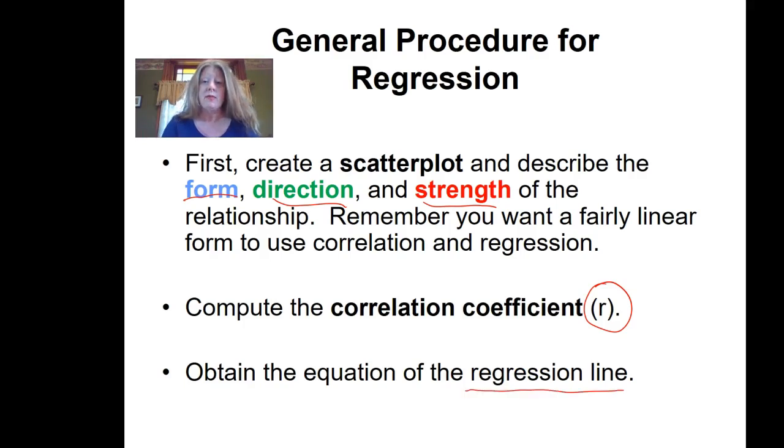And that's where the regression line comes into play. We compute a regression equation, and that regression equation can then be used to more fully describe how the variables are related to each other and to also make some predictions. So if we know a value of x, we can use that equation to predict a value for y.